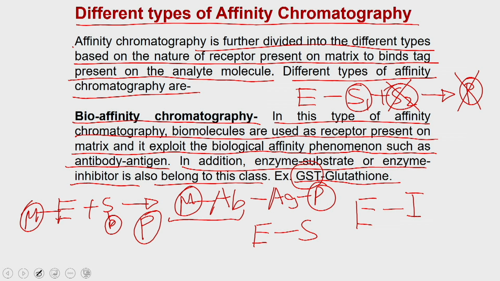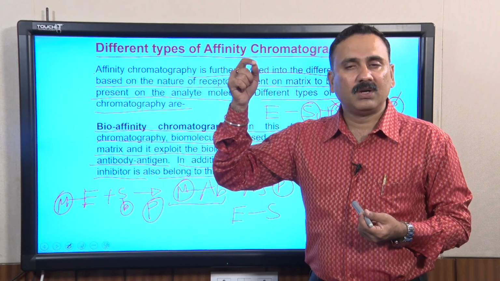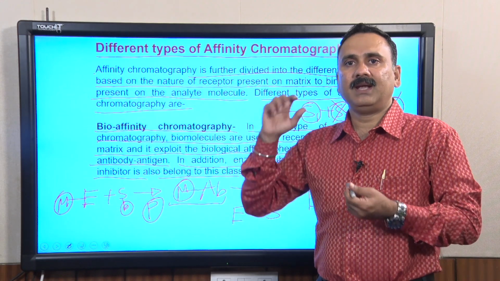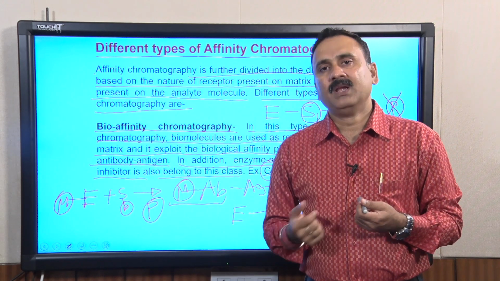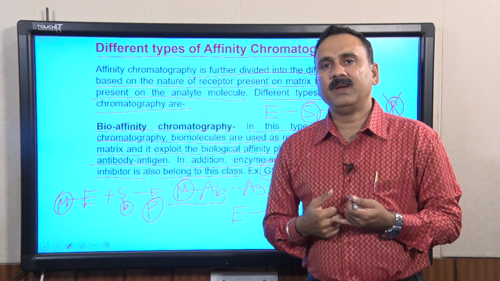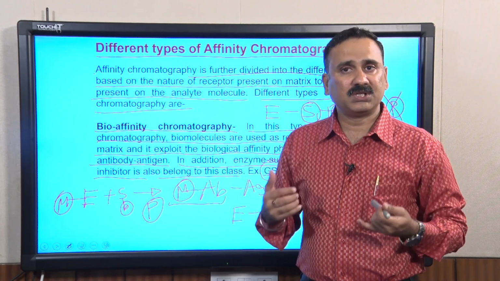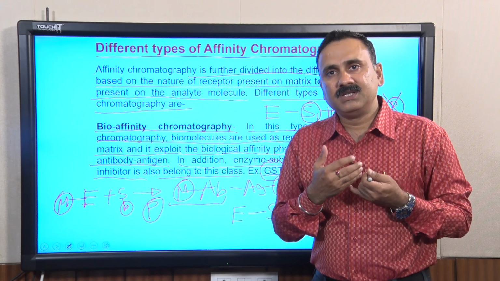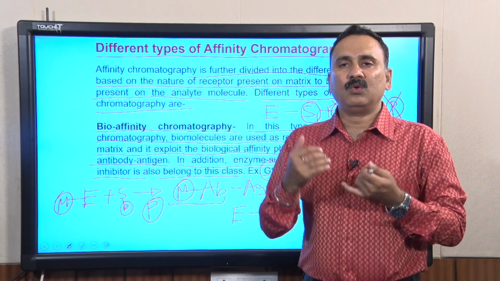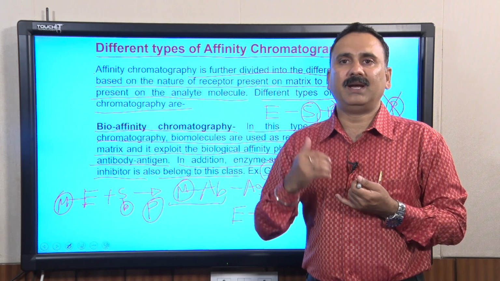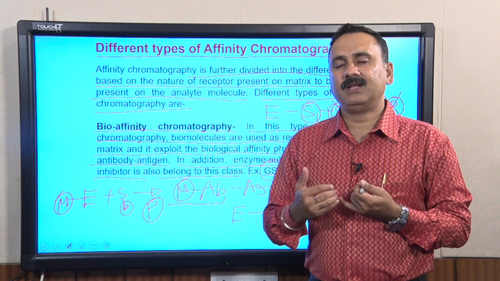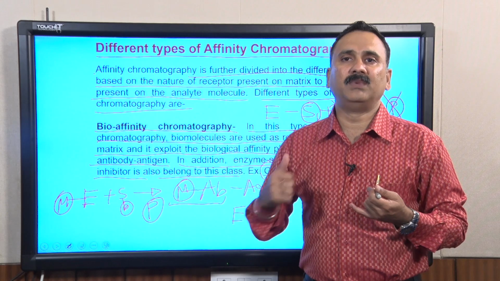The function of GST is that it takes up glutathione and attaches it to molecules that need detoxification, which means the purpose of GST is to make toxic products more water soluble so that they can be excreted from the body.